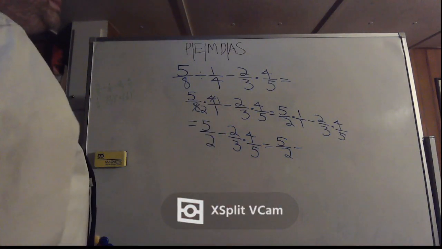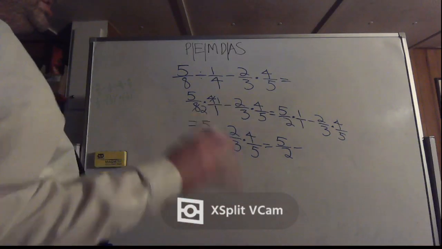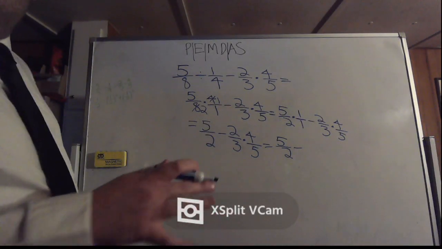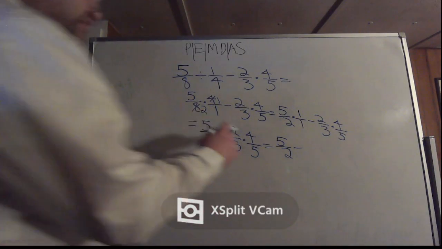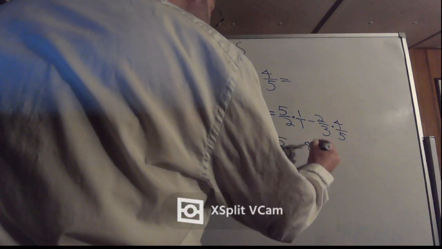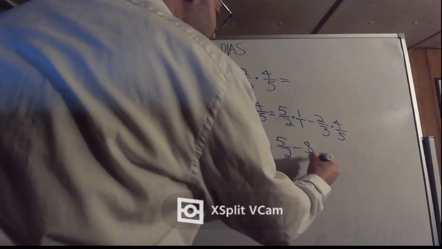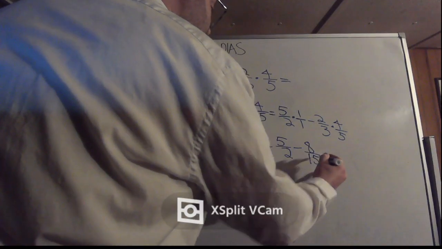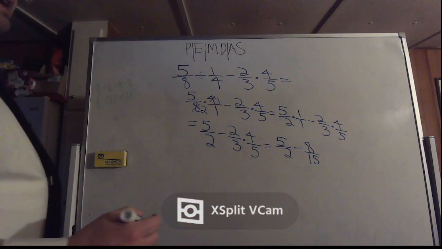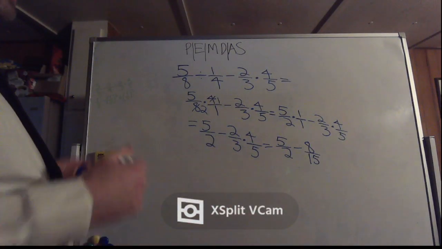Nothing cancels from that, unfortunately, so we just got to straight do the multiplication. You'll have 5/2 minus 2 times 4, which is 8, over 3 times 5, that's 15. So you're going to have 5/2 minus 8/15.